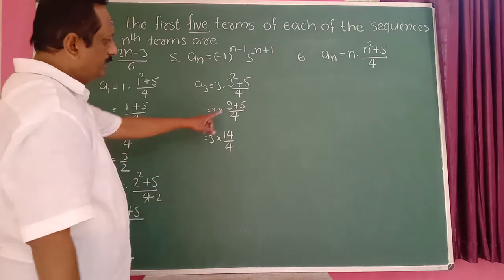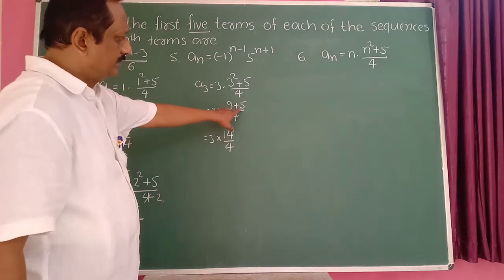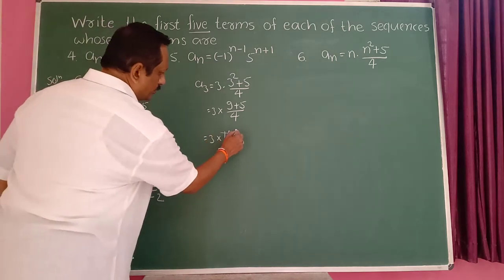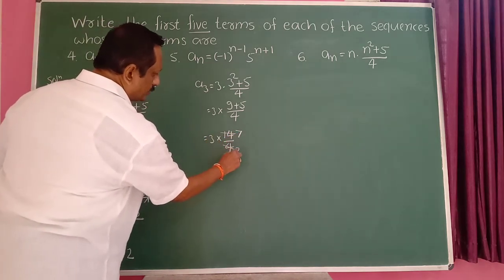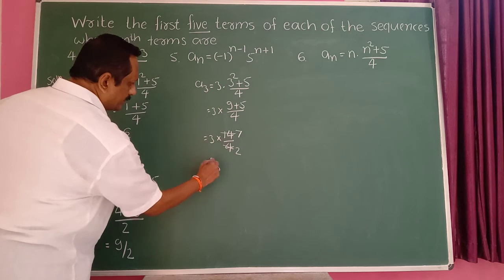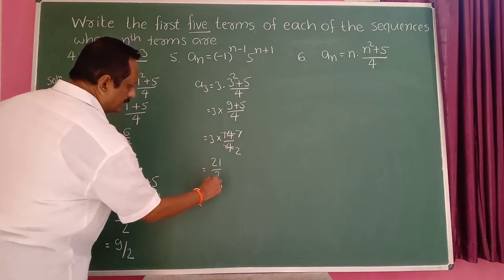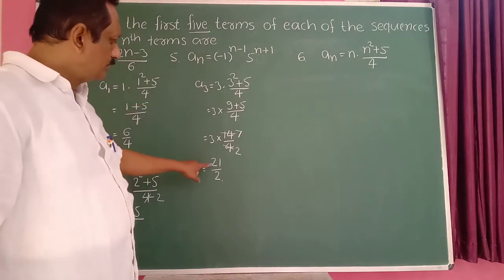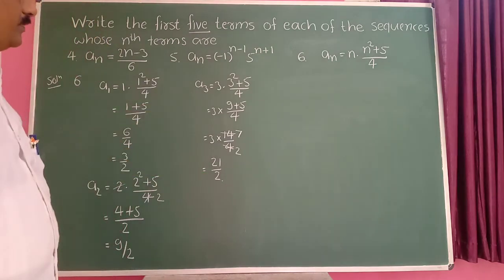You can cancel, 2 7s are 14, 2 2s are 4. 7 3s are 21, so 21 divided by 2. So a3 is equal to 21 divided by 2.